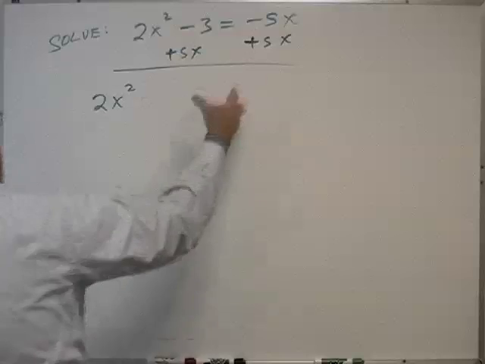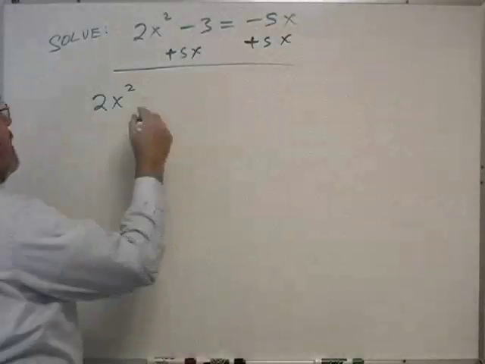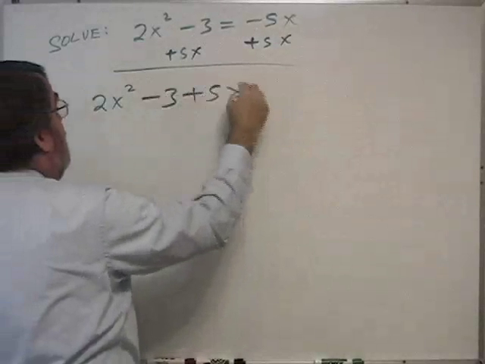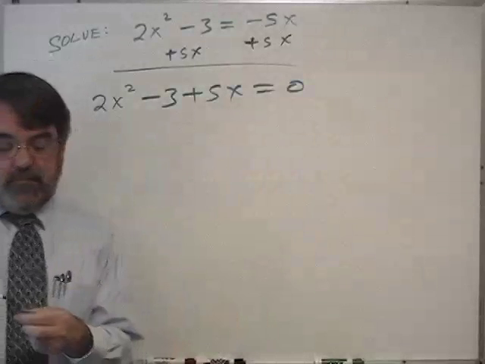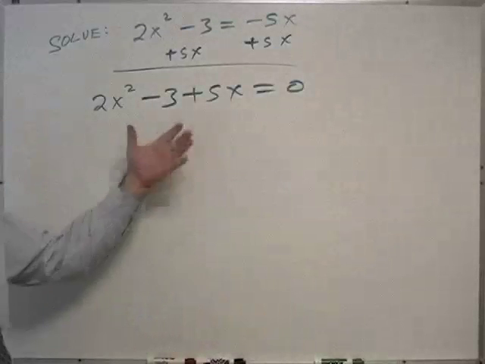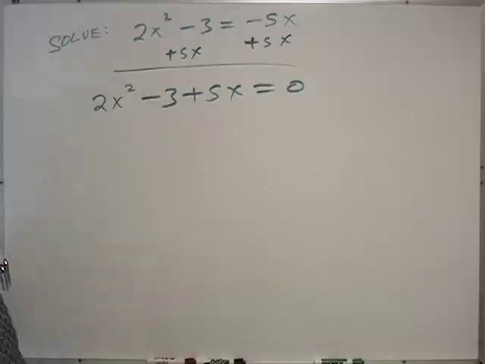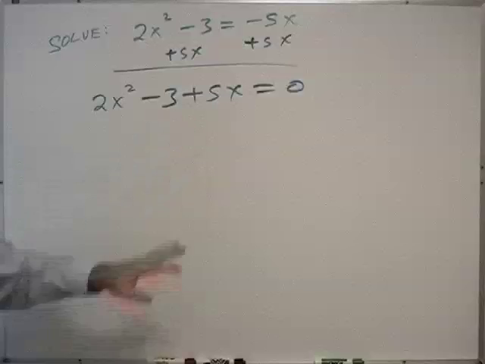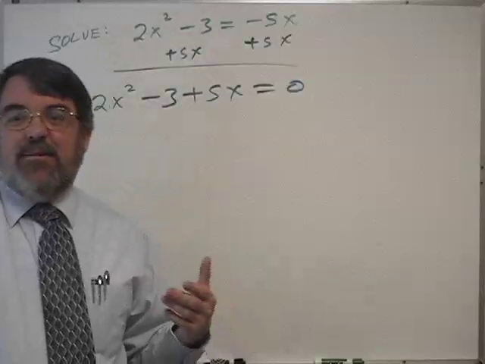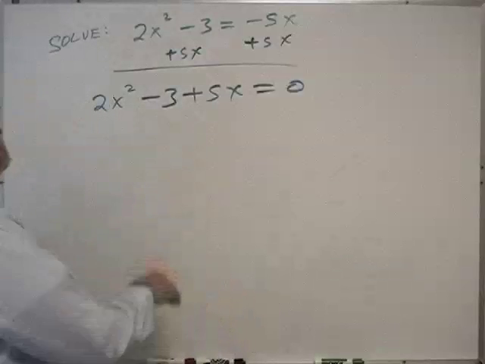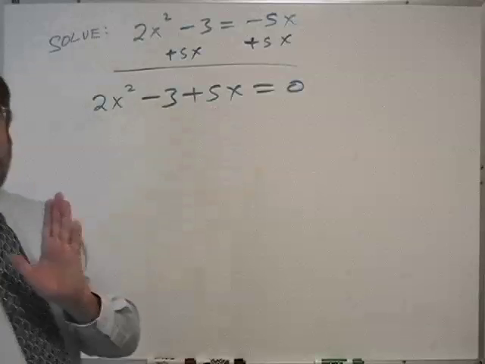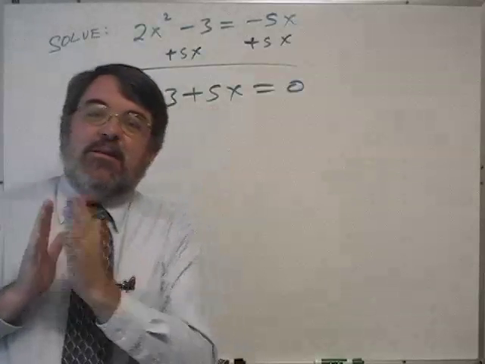So if we add 5x to both sides here, if we write it like this, then you're going to have a heck of a time factoring it. And even if it factored, you could factor this correctly, but it would be difficult because we're all accustomed to factoring when the quadratic part, the trinomial, is written in descending power.